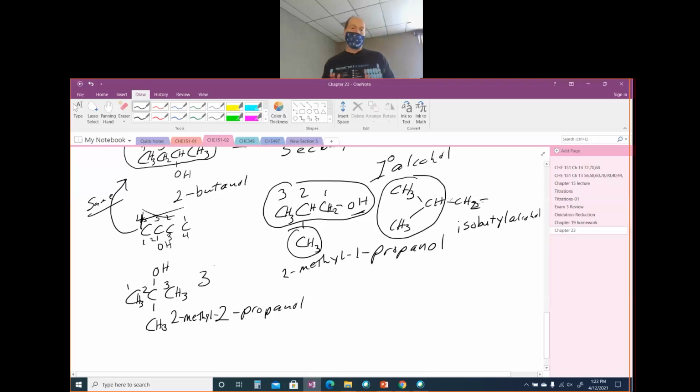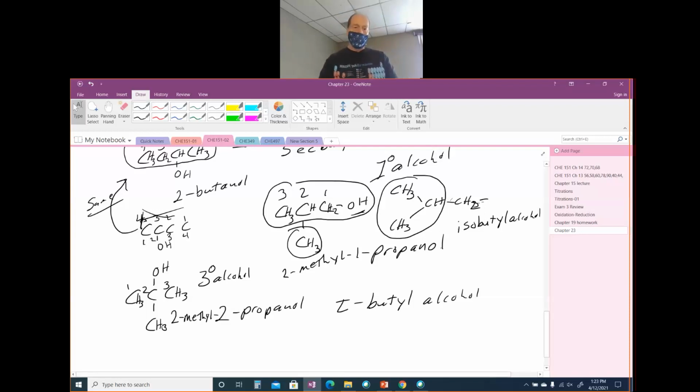This is a tertiary alcohol, which is the name of the group, and that is a tertiary butyl alcohol. So you note that the secondary alcohol is called secondary butyl alcohol or sec-butyl alcohol. The tertiary alcohol with 4 carbons is the tertiary butyl alcohol or T-butyl alcohol or tert-butyl alcohol.